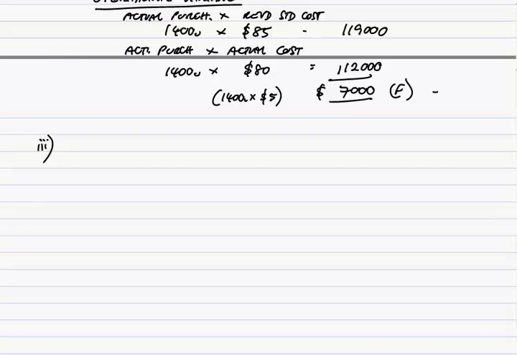Next sentence. Because of the increase in sales and production volumes, we also had to use additional temporary labour at a higher cost of 18. So there's where we're going to get our rate variance. We should have paid 14. Permanent staff, we did pay 14. But these extra workers, we paid them an extra $4 an hour.